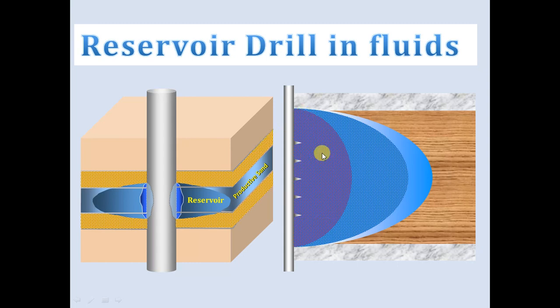Because the filtrate could make a flush to the near wellbore zone, and makes skin, and makes damage to the reservoir, which leads to reducing the pore size or the pore throat, and leads to very drastic or catastrophic problems to the reservoir, and it needs more money to make stimulation for the reservoir.